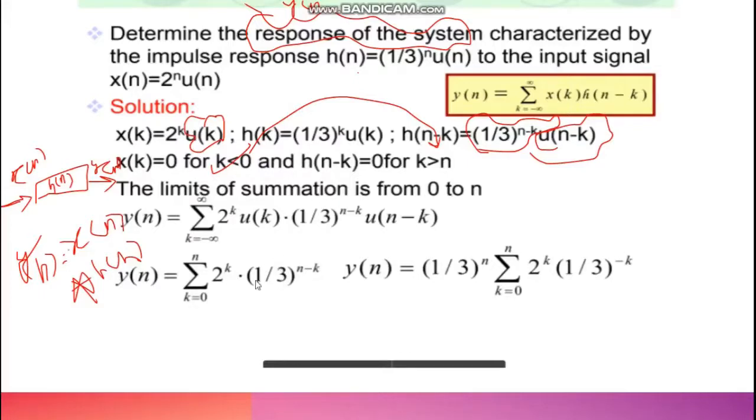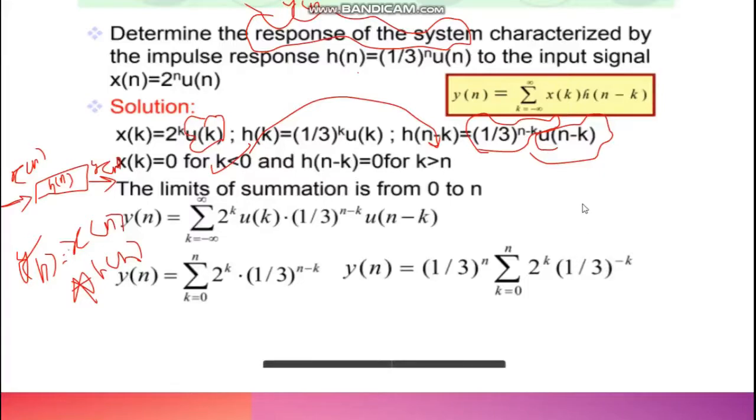You can split (1/3)^(n-k) as (1/3)^n into (1/3)^(-k). And this (1/3)^n doesn't include k in the summation, as the summation is only for k. So you can take (1/3)^n outside, and sigma k is equal to 0 to n, 2 to the power k (1/3)^(-k). Now this (1/3)^(-k) is 1^k by 3^(-k).